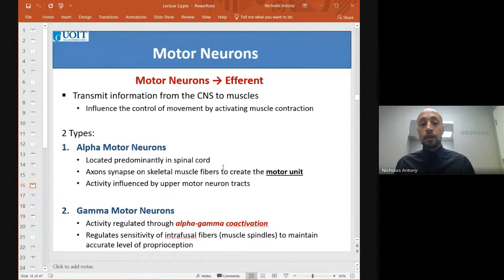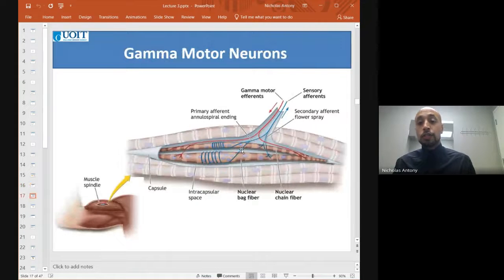Now, one thing that I wanted to mention is that proprioception is very, very important, specifically for understanding motor control. Proprioception is provided by muscle spindles. Muscle spindles are units located within the muscle fibers that register length and rate of length changes of our muscles.